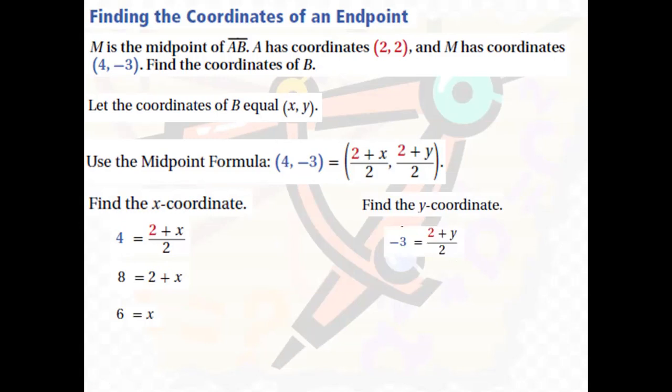Now again, the opposite of divide is multiply. So we are going to multiply that with 2. 2 multiplied by 3 is 6. So 6 minus 2 will give us 4 equals y. So the coordinates of B are (6, 4).